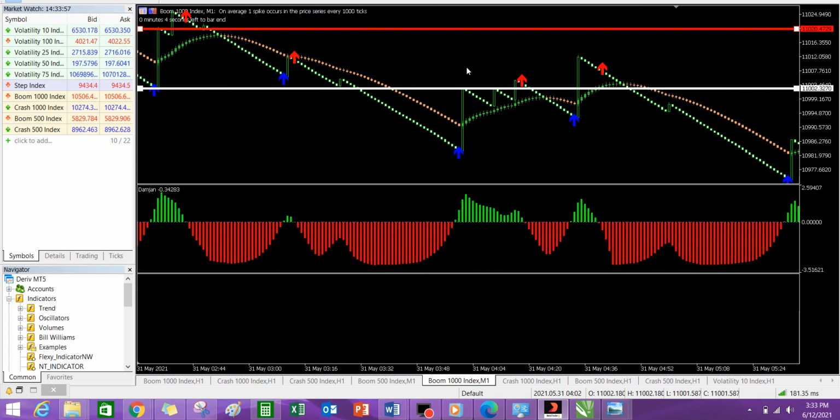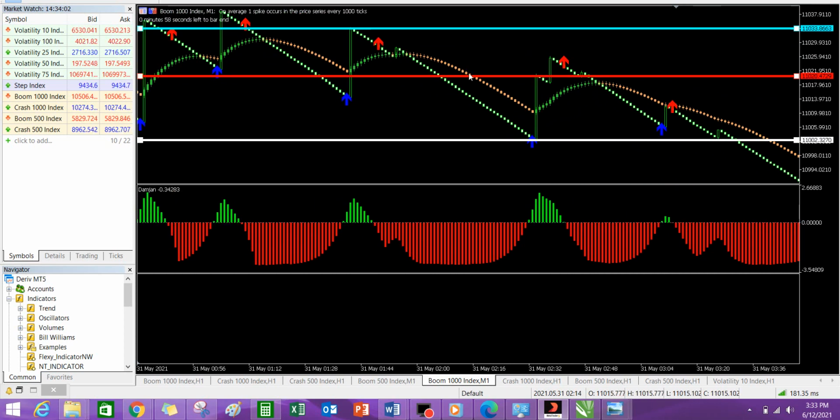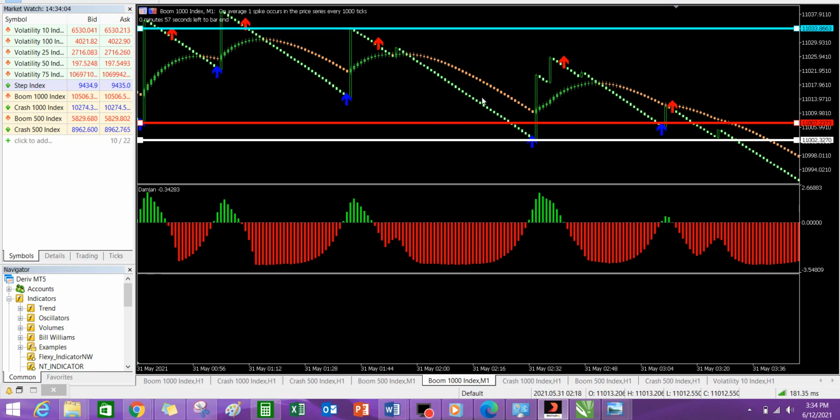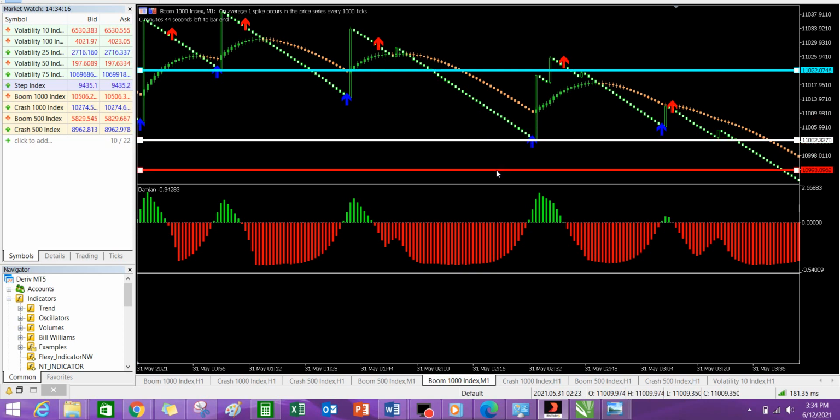Let's do it this way so that you will understand better. I want us to get a better understanding of this. Let's say this is our entry point, and let me remove the stop loss again.